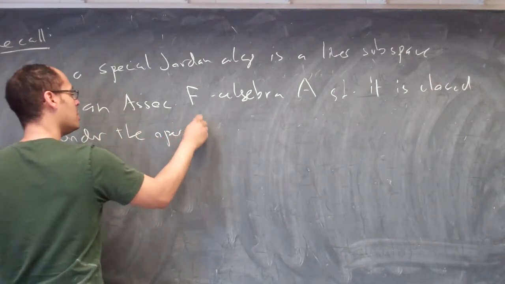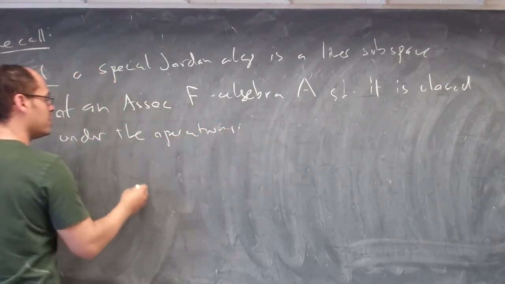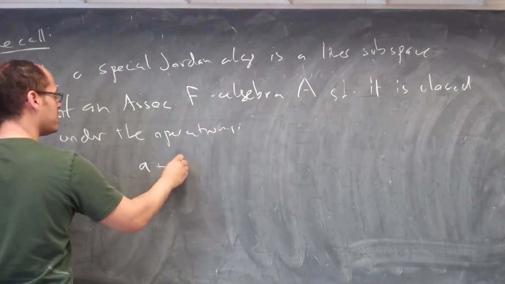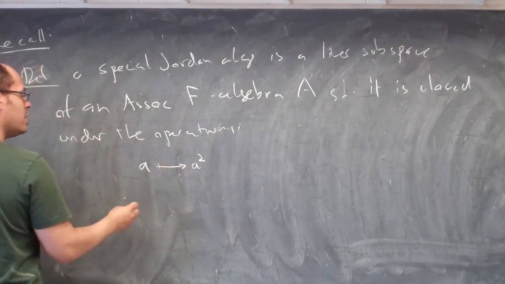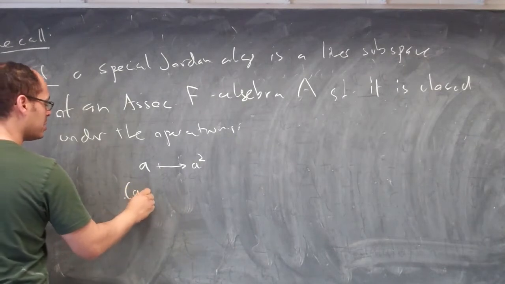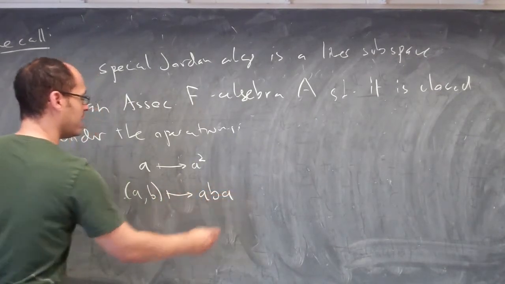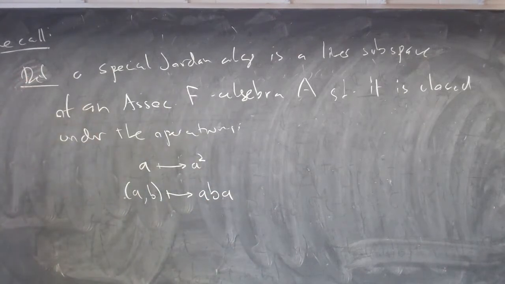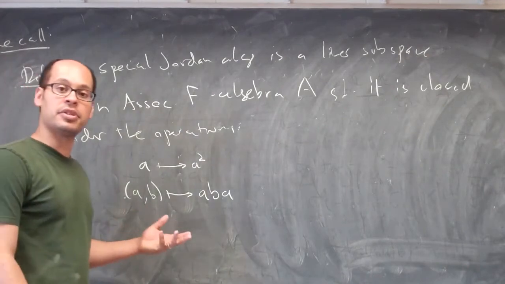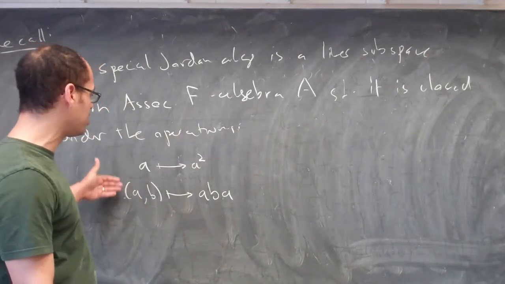So under the operation, there's the unary operation of taking an element to its square, and the binary operation of taking a pair of elements A, B to this product ABA. So a special Jordan algebra, by definition, is a subspace of an associative algebra which is closed under these two operations.